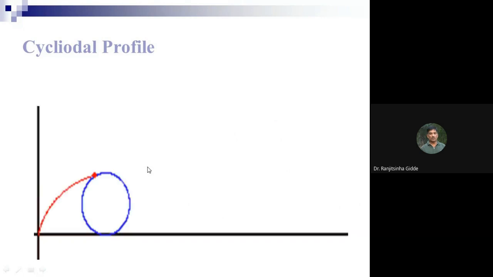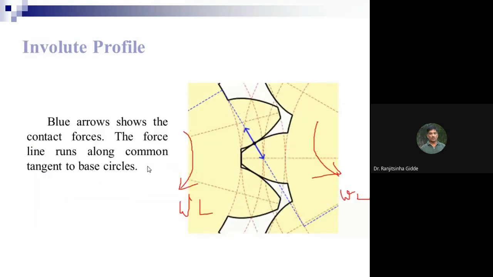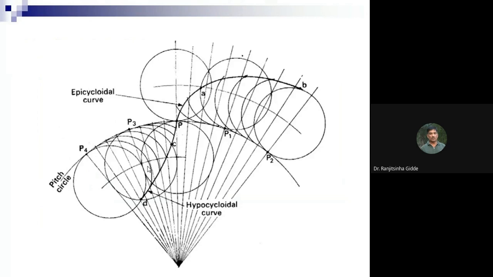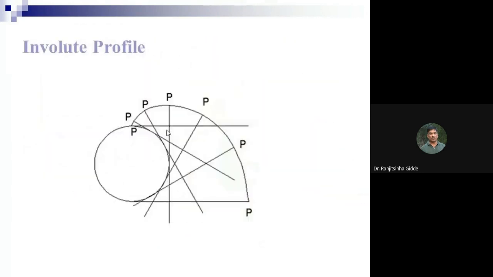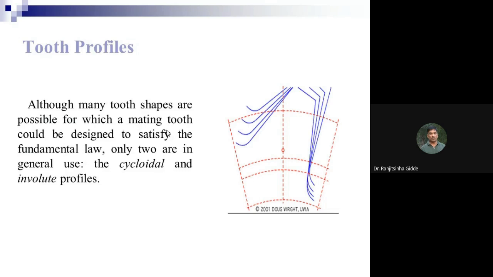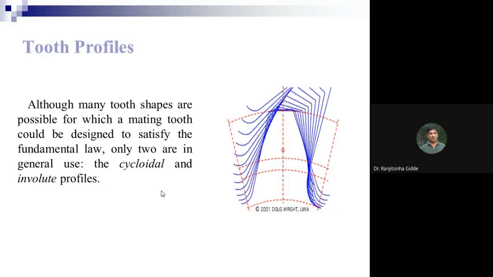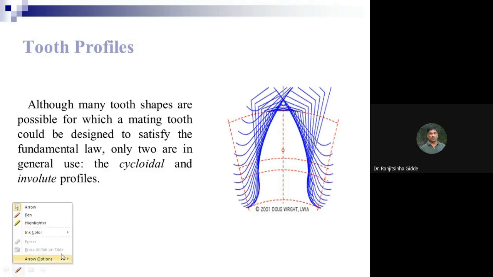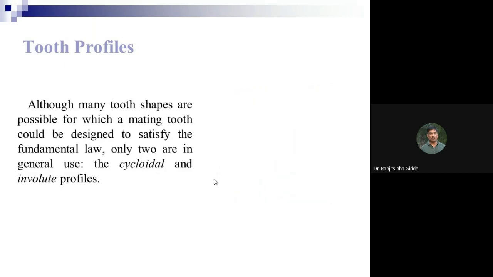So now first we are going to check the involute one, how it is generated. Okay, so this is the involute profile. Whatever shape you are observing here is nothing but the involute profile, and this is generated with the help of a rack cutter mechanism.